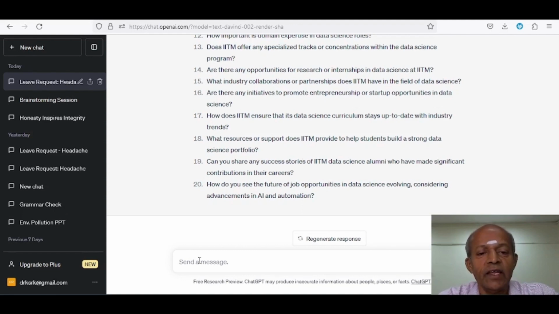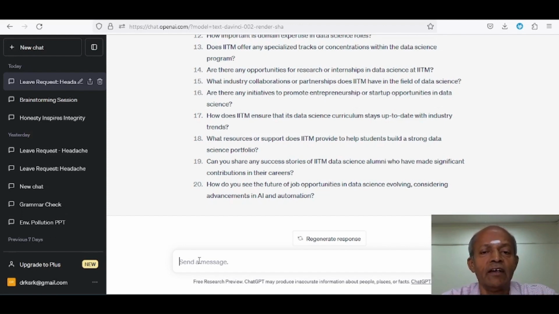The next very useful application of ChatGPT is that it can give you ideas about how to teach a lesson using various teaching methodologies. We know that there are so many teaching methodologies such as the lecture method, demonstration method, problem solving method, etc. Suppose I want to teach a particular lesson in a particular method.